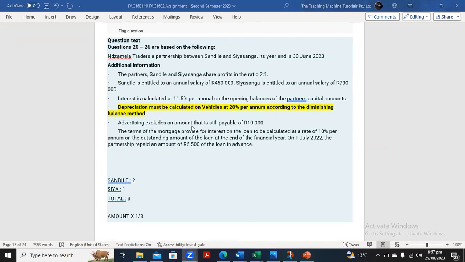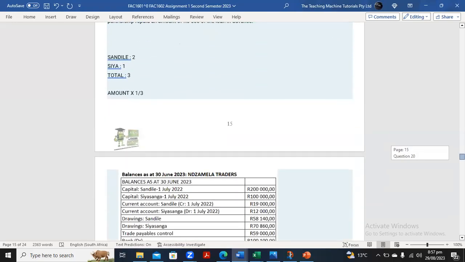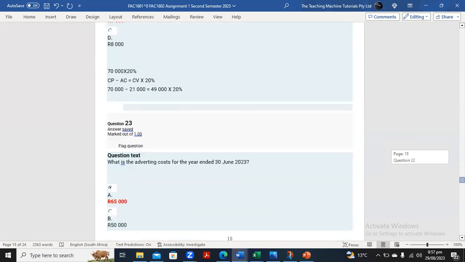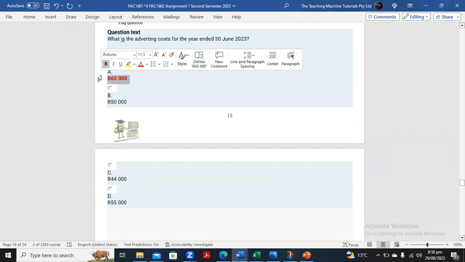It says advertising excludes an amount that is payable, 10,000. Because it's excluded and it's payable, it's an accrued expense, we add accrued expenses. If you did not pay your expenses, then you need to pay. If you did not pay your insurance, the company will call you to say that you must pay this amount, same with your rent expense. So this 10,000 will be added to the amount given. The advertising cost here is 55,000. So if you add 55,000 with the 10,000, it gives you 65,000.